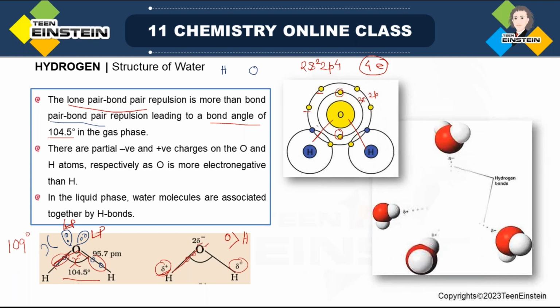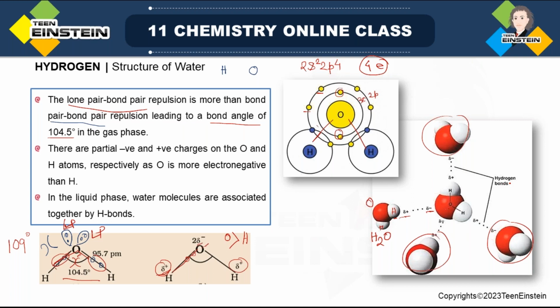As you can see in this picture, these are water molecules where oxygen is in red color and these two are hydrogen. So this is one water molecule, another. You can see del plus charge is mentioned over hydrogen and del negative over oxygen, and there is interaction between hydrogen of one water molecule and the oxygen of another water molecule.